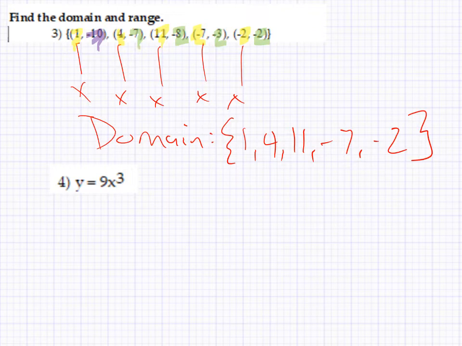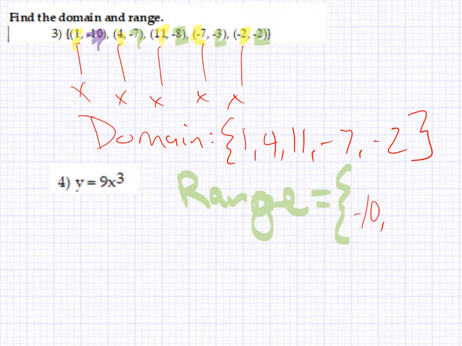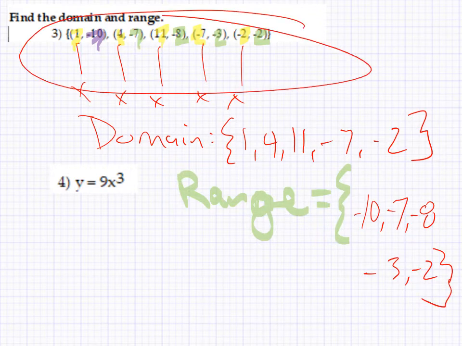The range, we could write as a set as well, and that would be -10, -7, -8, -3, and -2. So when you're dealing with a set of points, it's actually really easy to find the domain and range. X domain, Y range. All right.